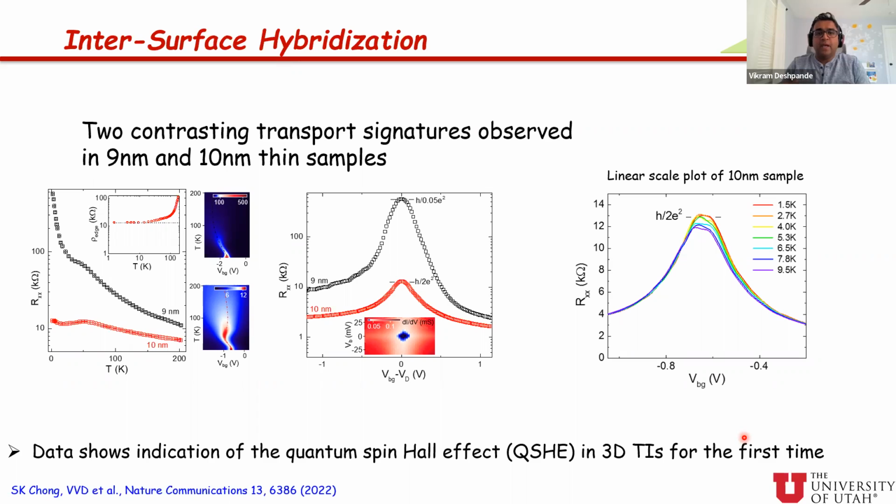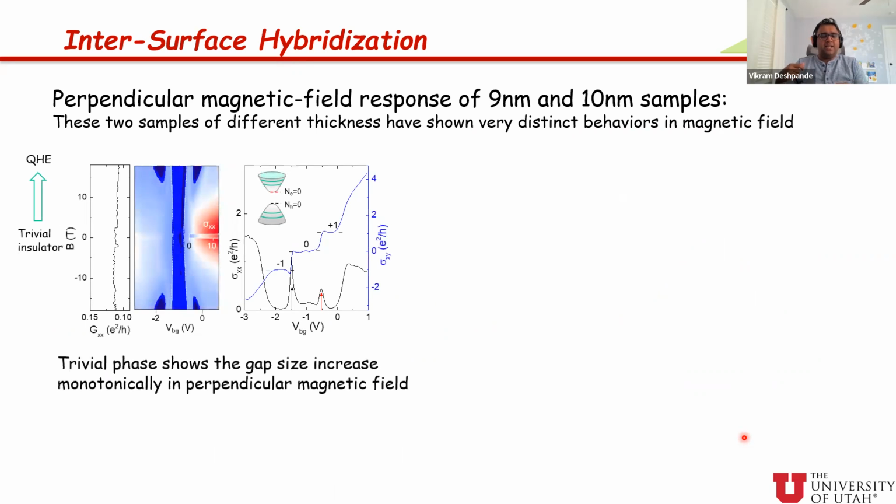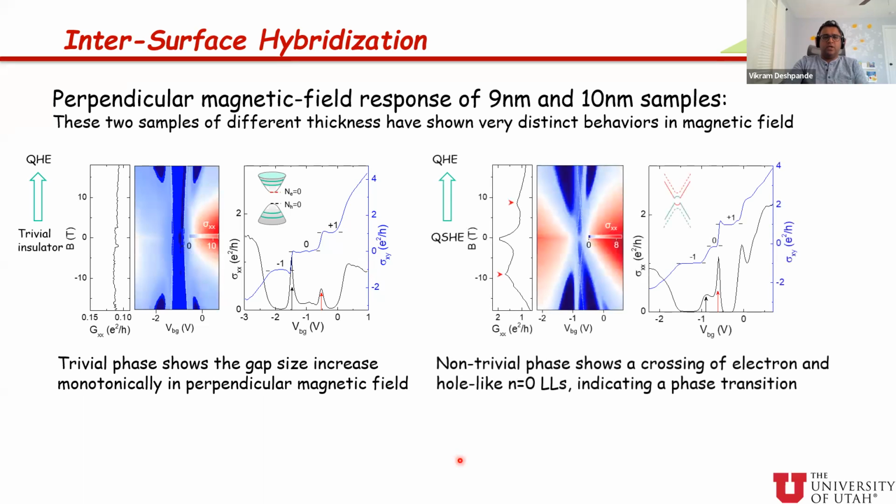Okay, but we have two more parameter spaces to look at, namely the magnetic field and the electric field. And so we consider now the magnetic field response, the perpendicular magnetic field response of 9 nanometer and 10 nanometer samples, and the 9 nanometer trivial sample, for example, shows its gap increasing monotonically to form a quantum Hall effect at high magnetic fields, whereas the non-trivial sample, the quantum spin Hall sample that I just talked about, essentially shows a crossing of the gap.